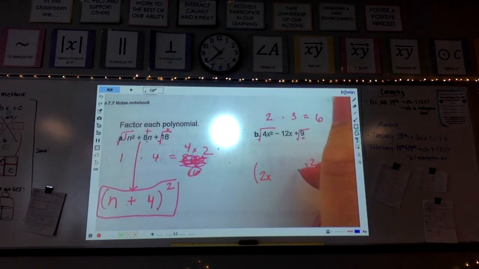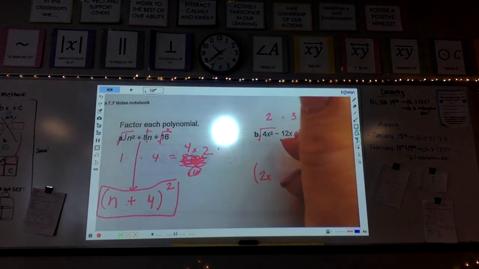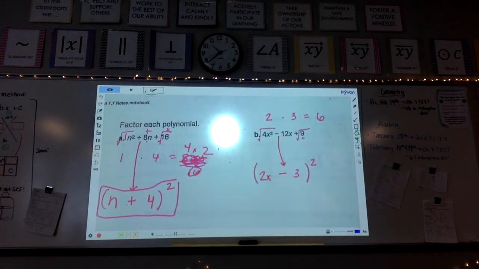Square root of 9 is 3. Drop down the sign of your middle term. There's your answer. As long as you can square root, that factoring part's actually not so bad. The hardest part is just recognizing that it's a perfect square trinomial. That's your answer.